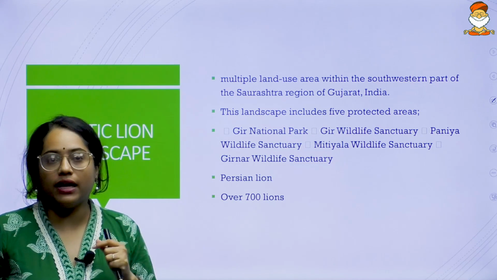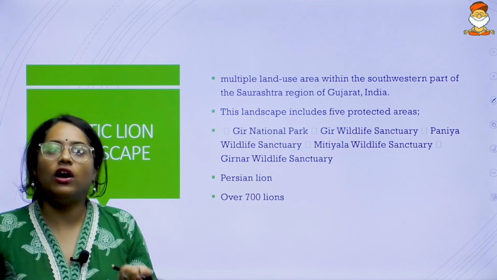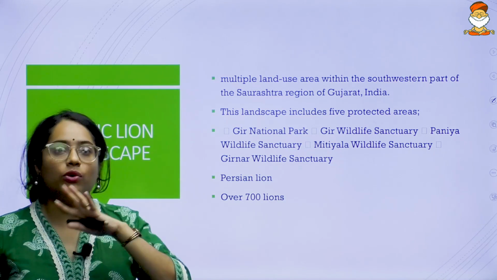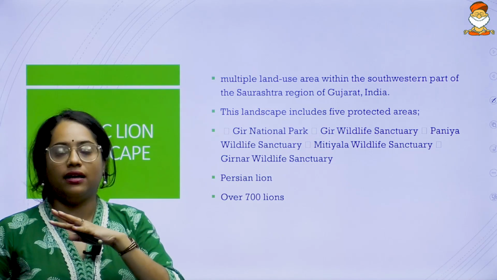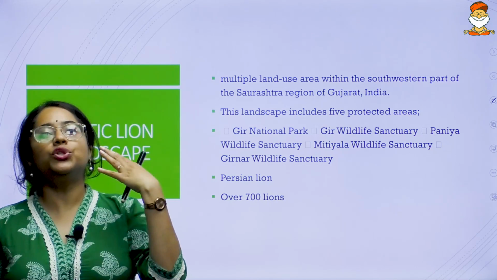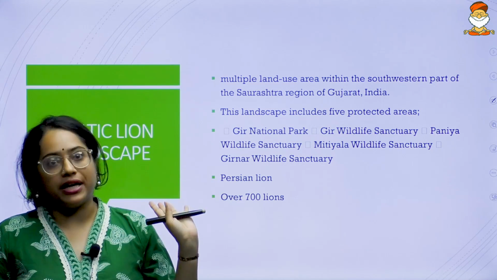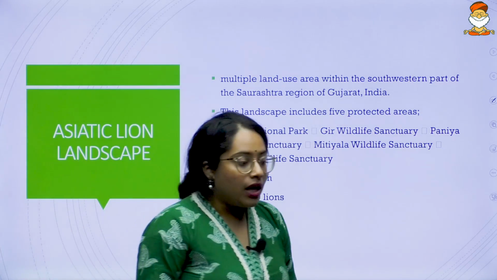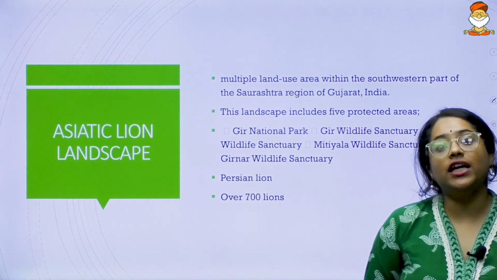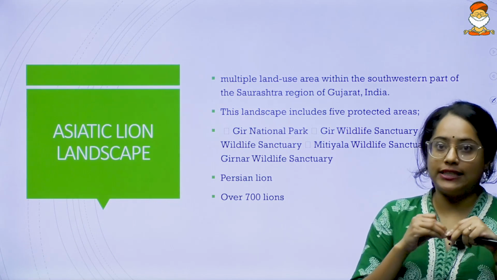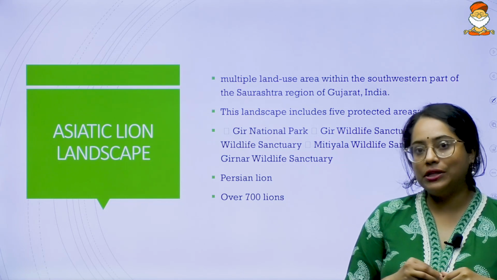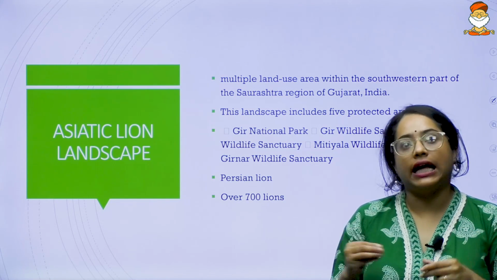This is why, for the protection of tigers, you have the Terai Arc landscape. You protect the entire area, and by virtue of that, the species also get protected. That's the idea. Similarly, we are now trying to incorporate that for the Asiatic lion, and we've created a project called the Asiatic lion landscape.